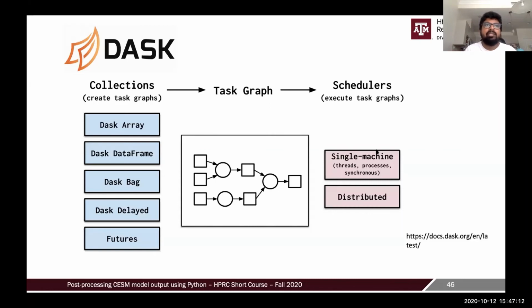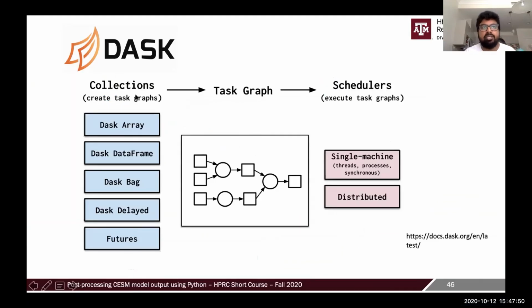But with dask, maybe it's not a fair comparison, if you have a serial Python code, you still have to rewrite it. But it can be far simpler to enable some basic parallelization, because it does a lot of implicit parallelization very quickly. Basically, dask has these collections, or you can think of them as data structures, like xarray.